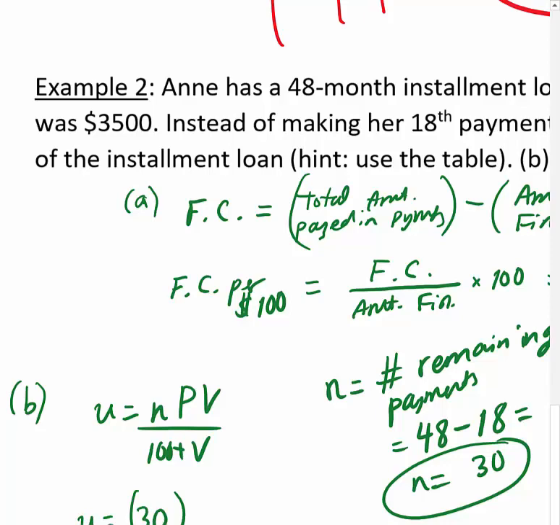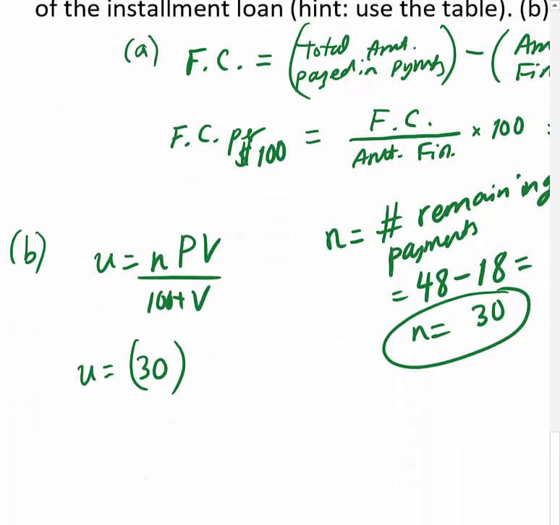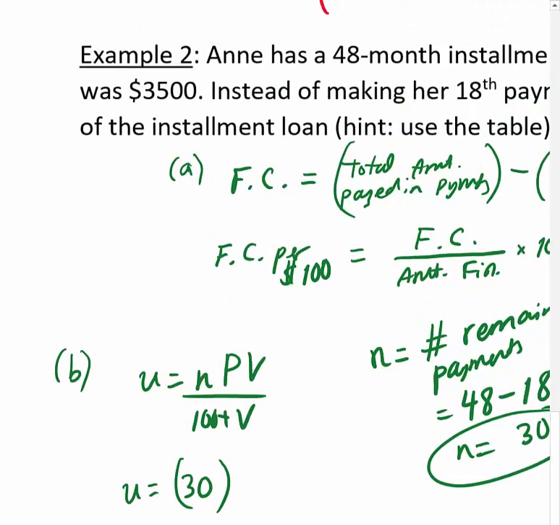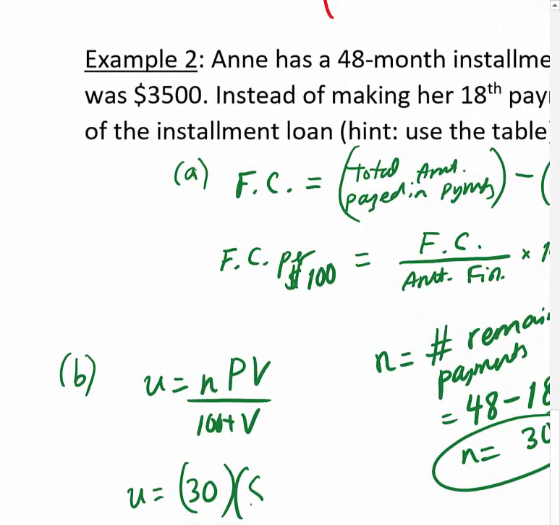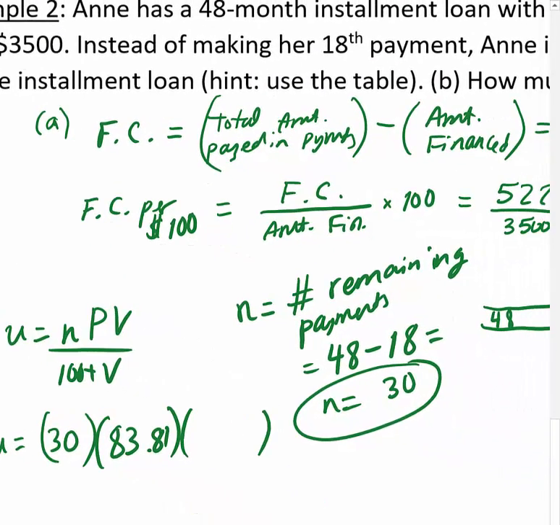And then what about P? P is the amount that was paid in each payment. That's the easiest part. V is a little harder to figure out.